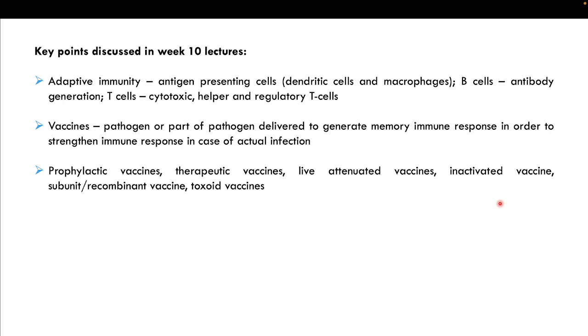On the other hand, we also have something known as subunit or recombinant vaccine. So it's usually seen that whenever an immune response is launched against a particular pathogen, it is not against the entire organism, but it could be against one particular subunit. Let's say there is a protein on the surface of that particular pathogen.